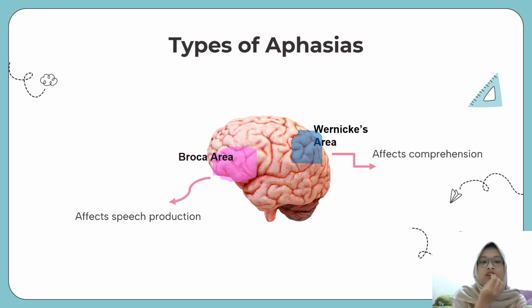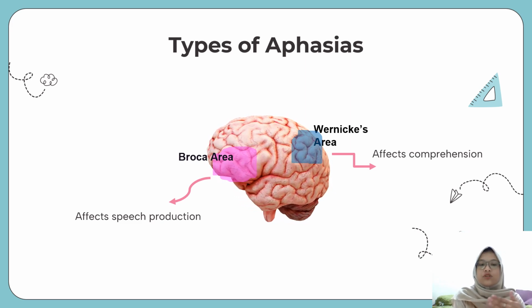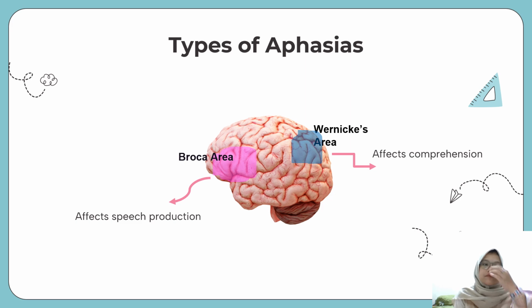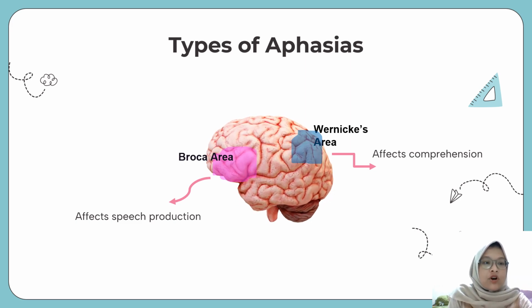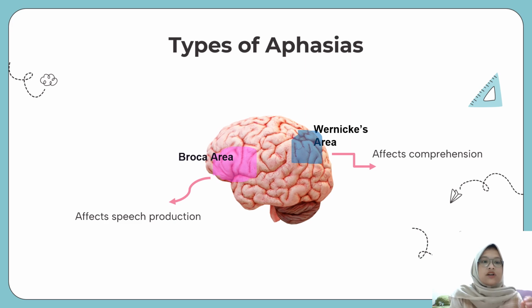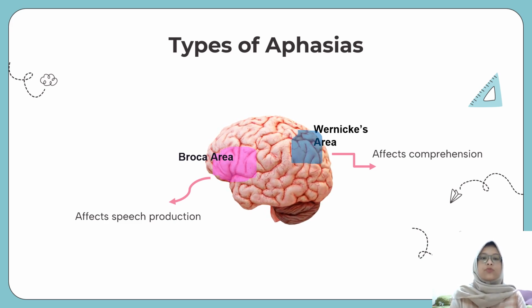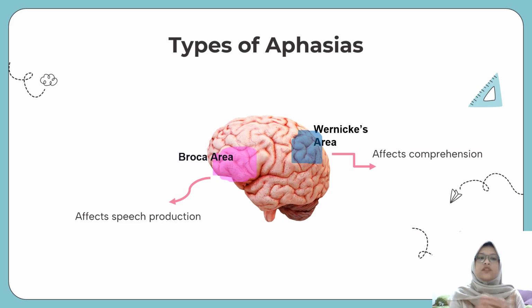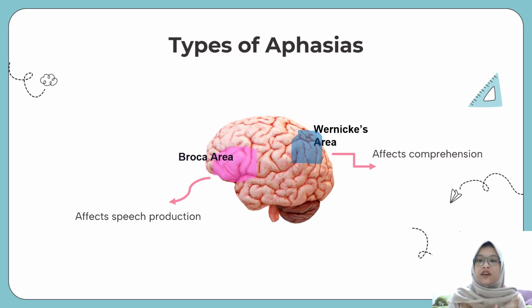So Broca's area, as mentioned earlier, this is affecting people with speech production. So people with Broca's aphasia, it affects their pronunciation, but they could understand others when they speak.